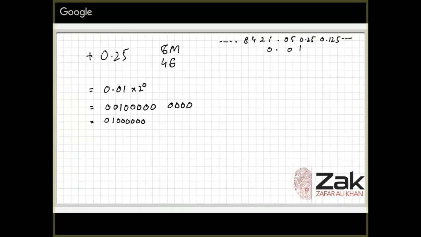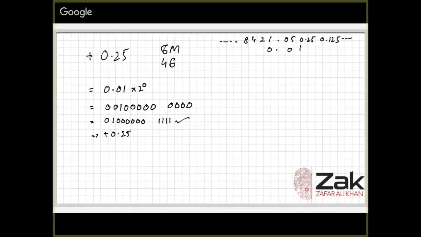Minus 1. This is minus 1 in 2's complement. Now this is the correct conversion of the point. This is equal to 0.25 positive, with exponent 1.